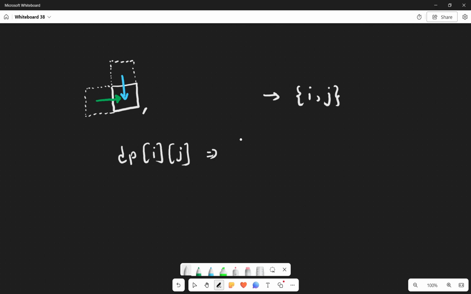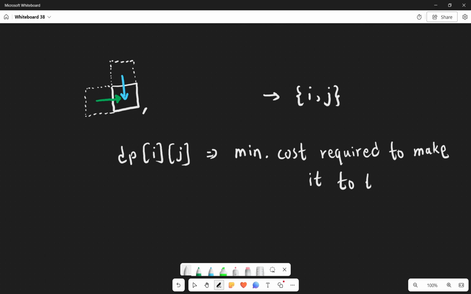So dp of I comma j will denote the minimum cost required to make it to the cell I comma j.